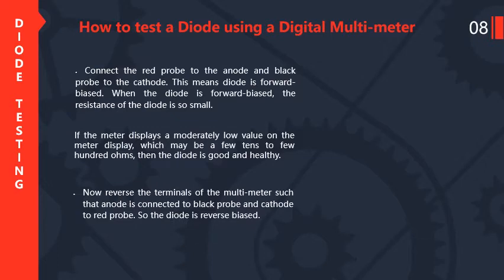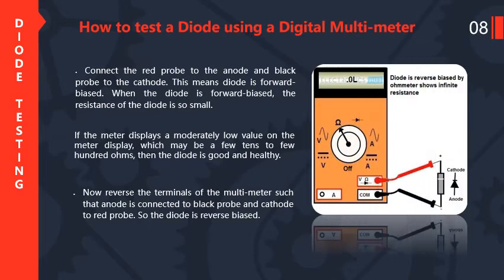Now, reverse the terminals of the multimeter such that the anode is connected to the black probe and the cathode to the red probe. So the diode is reverse biased. This is the diagram for diode reverse biased by ohmmeter showing infinite resistance.